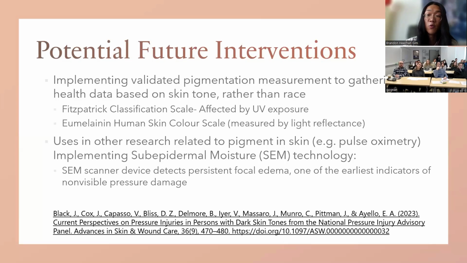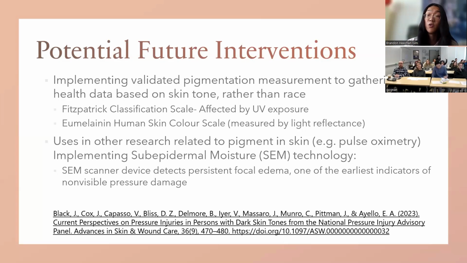In the future, we might implement a Fitzpatrick classification scale, which is a skin tone scale, or the eumelanin human skin color scale, which is measured by light reflectance of skin based on how much melanin they have. And that could have uses in other research related to pigment in skin, such as the pulse oximetry we mentioned. That study is based on race, but might be more effective if it was based on skin tone.